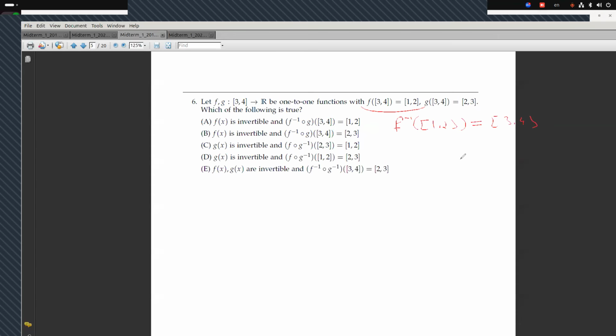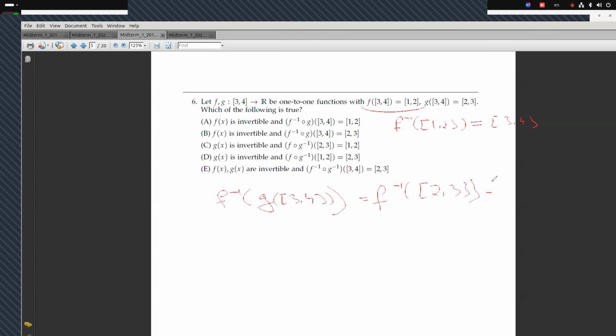Now, F minus 1 composition with G is actually F minus 1 at G(3, 4). What is G(3, 4)? It is the 2/3 interval. So F minus 1 at 2/3. What is this, guys?